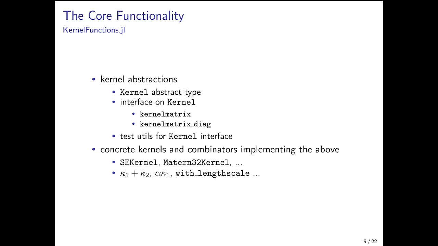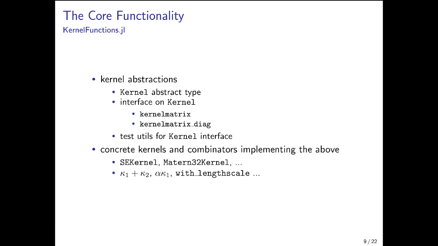And then, as I said, we provide a lot of kernels. Standard things like the squared exponential kernel, the Matern kernel, or various Matern kernels. Standard combinators for kernels that produce other kernels. So addition: you can take two kernels, add them together, and get another kernel. You can associate a length scale with a kernel. So that's one thing I should point out that we do differently from other places.